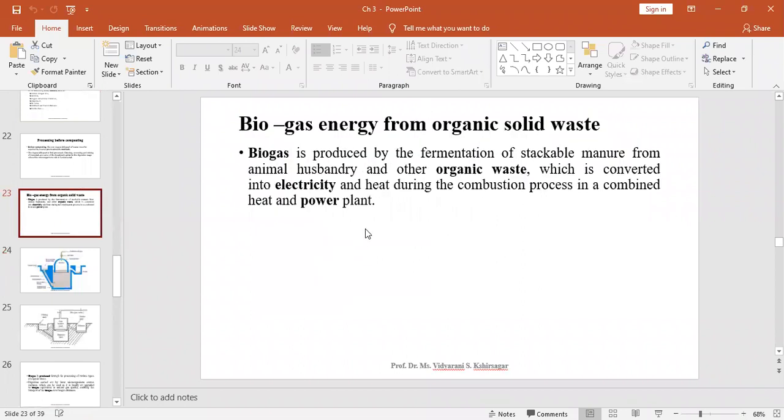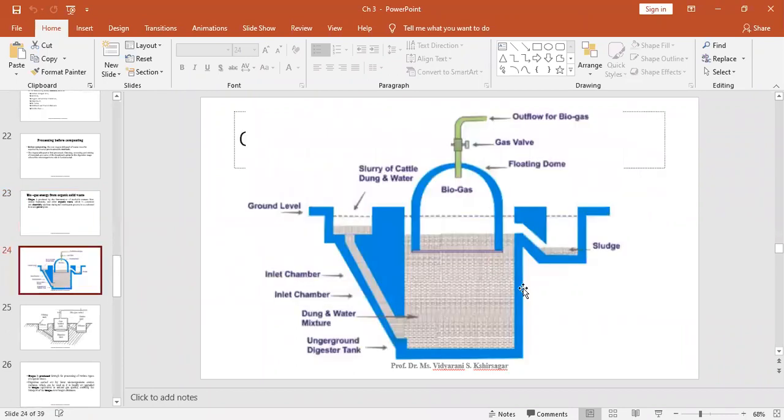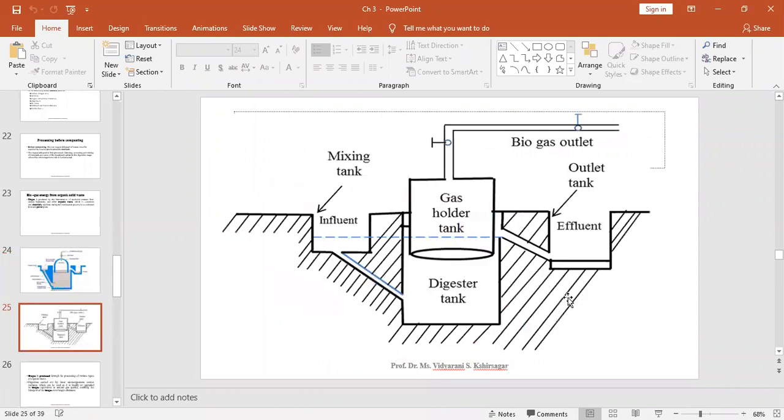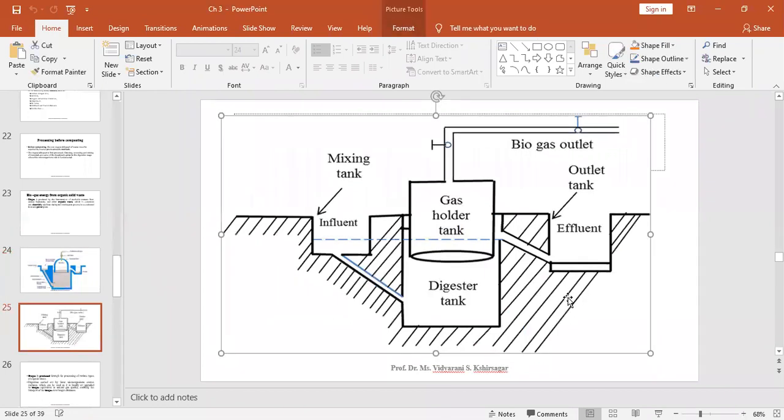Okay. Now we will see about the biogas energy from organic solid waste. So all are requested to draw this sketch first. Then I will explain the process.